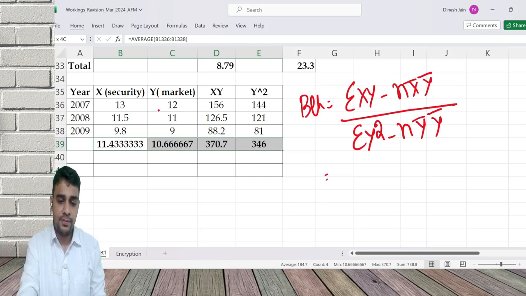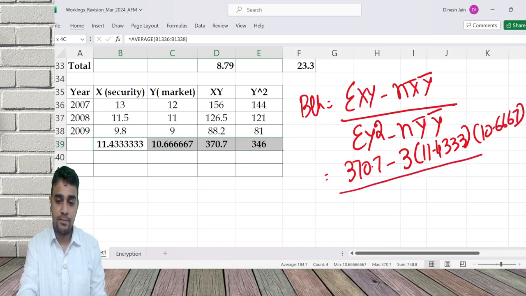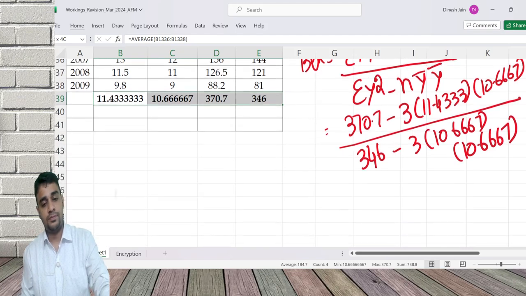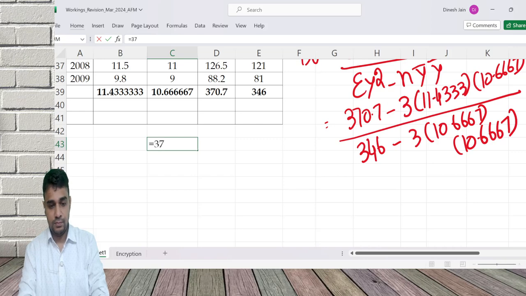What is the sigma xy? 70.7 minus 3 into 11.4333 into 10.6667, divided by 346 minus 3 into 10.667 into 10.667. You may get some rounding difference. I am doing it without rounding off in the Excel.